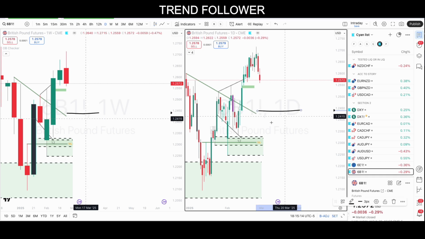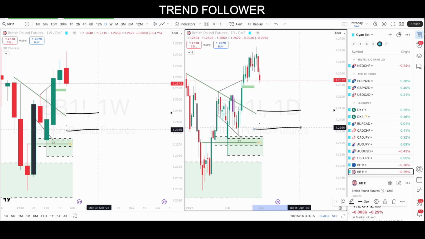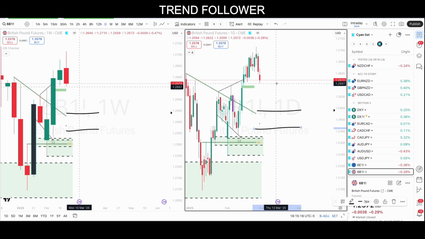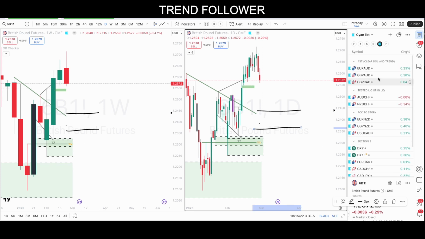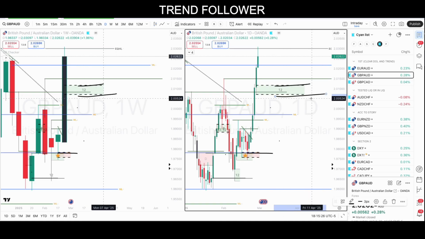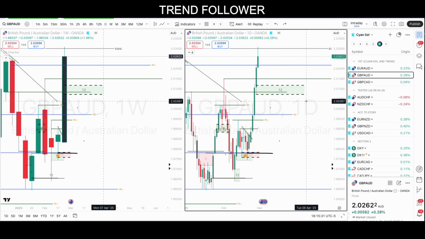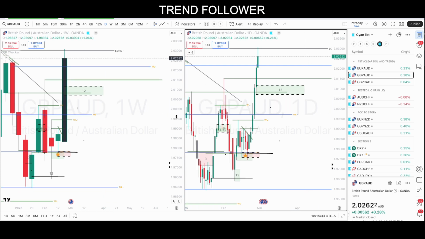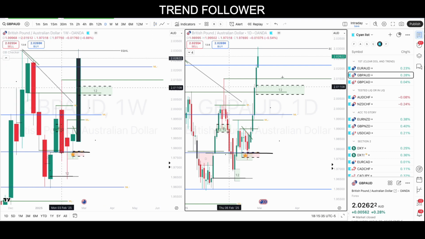So what I mean is if GBP prices are in this area, and with GBP Australian dollar, the price is in this area, if that combination happens, then I will take a long on GBP Australian dollar. So that's GBP Australian dollar and Euro Australian dollar.